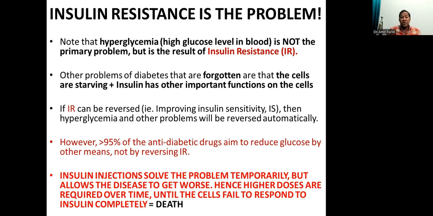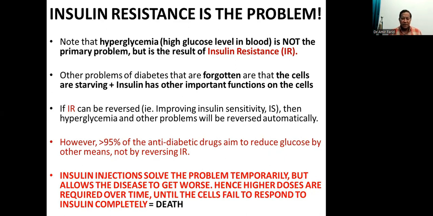Take note that in the diabetic person, either type 1 or type 2, although the sugar level in the blood is high, their cells are starving because the cells do not get the glucose.